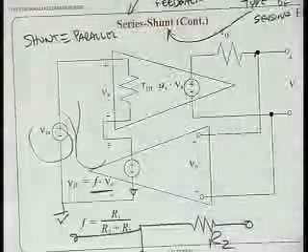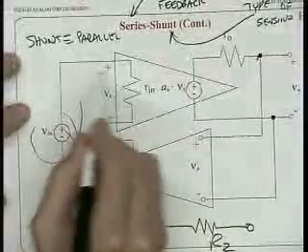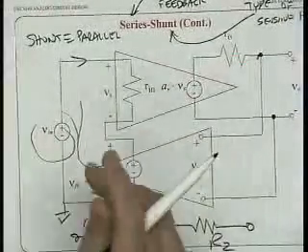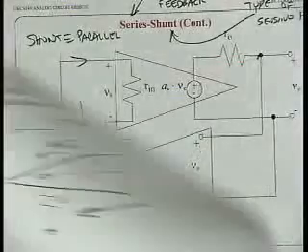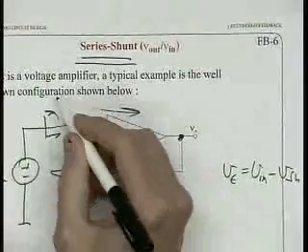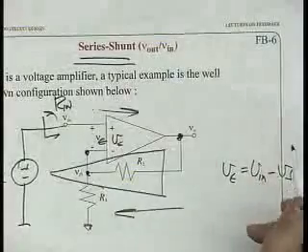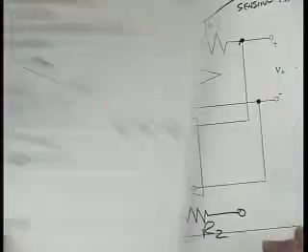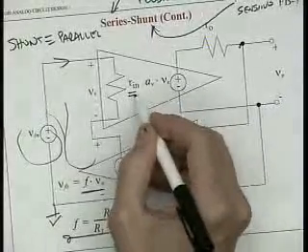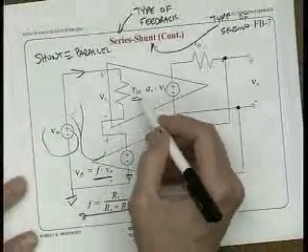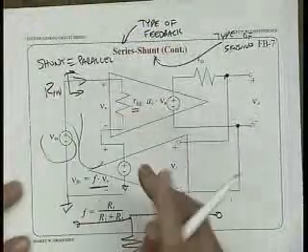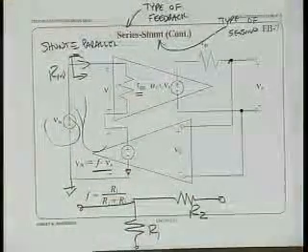What I'm going to do now is calculate the effective input resistance to this circuit, okay? What's the input resistance looking into this feedback network? In other words, looking into here, what is Rin? So this is the closed loop input resistance, okay? Little rin is the open loop input resistance. I'm looking now for the closed loop input resistance. This is the input resistance of the circuit with feedback, okay?